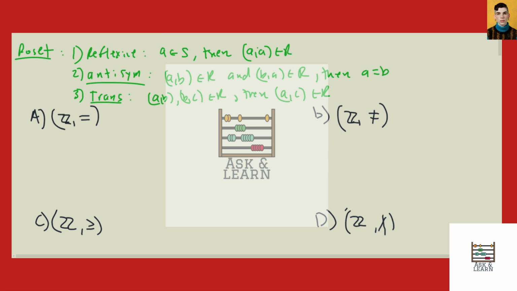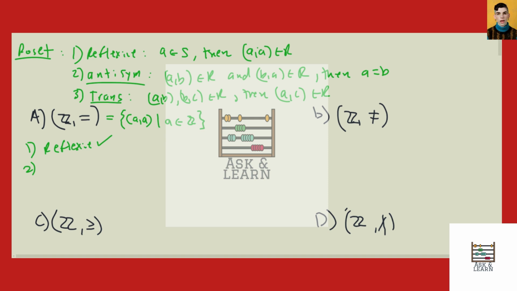So we're on the integers, and we're using equality. Well, any number is equal to itself, so reflexive holds trivially. Anti-symmetric, well, that also holds. And actually, we can even think about what this set is. This is really just all the (A, A), where A is some integer.